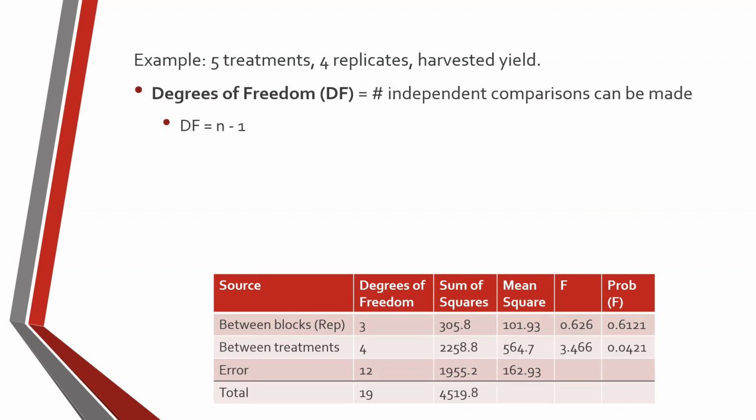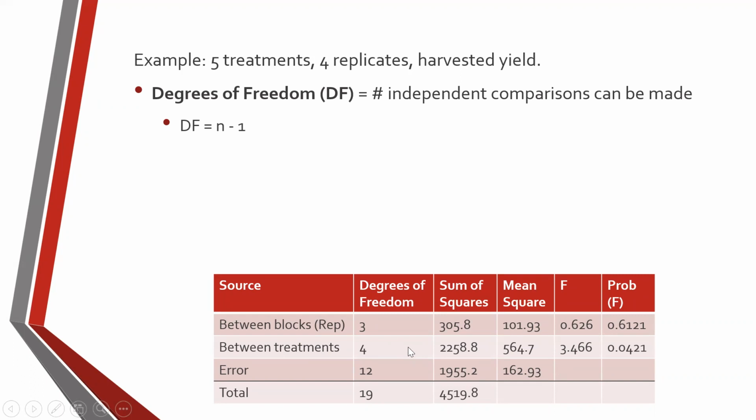It's a little hard to define, but it's the number of values in a final calculation that are free to vary. So if we're looking at variance, the degrees of freedom equals n minus 1. For treatments, if we have 5 treatments here, then we have 4 degrees of freedom in the treatments, that second row.